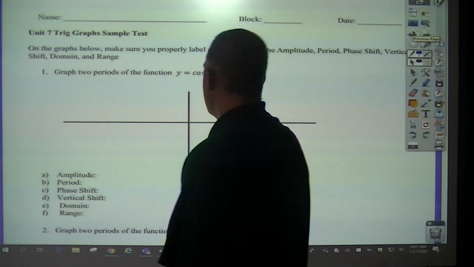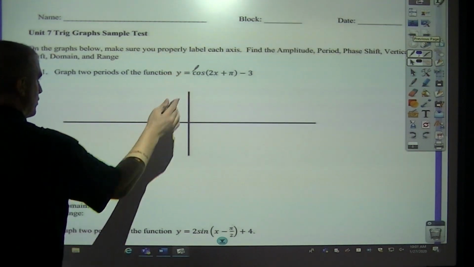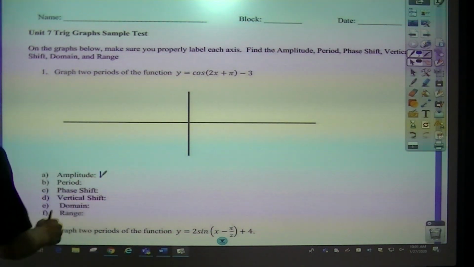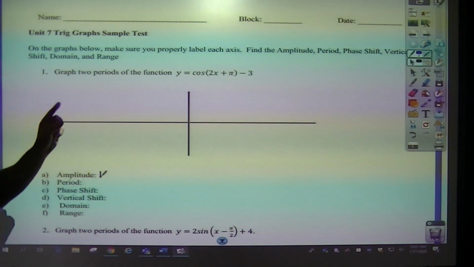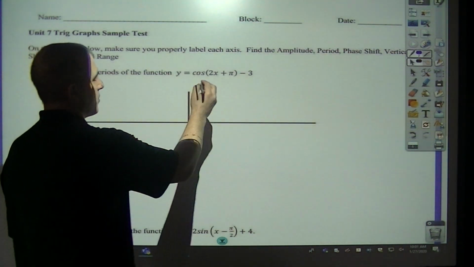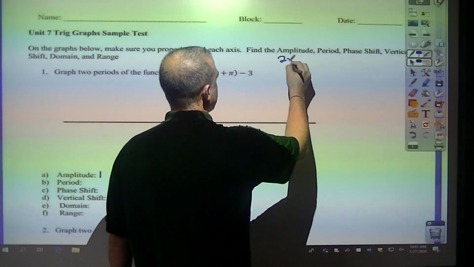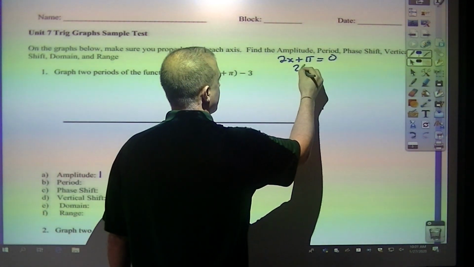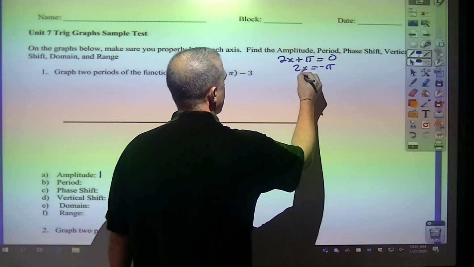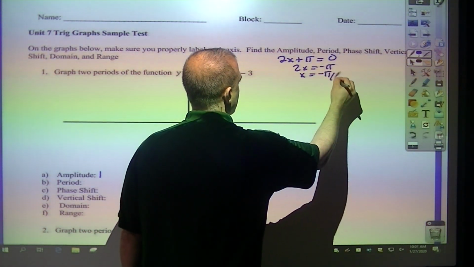Okay, all right, so let me go back to these beginning examples. The amplitude is just the number in front here, so this would be 1. The first thing I want to do is to figure out my phase shift for cosine. What I do is I take whatever is inside the parentheses and set it equal to 0. So that would be 2x equals -pi, x equals -pi over 2.